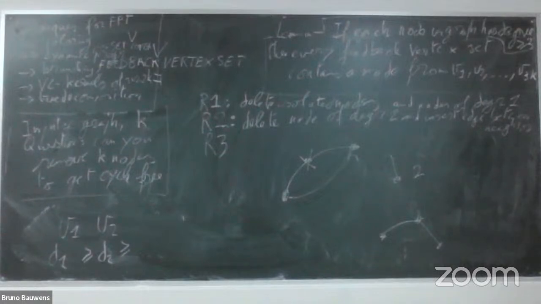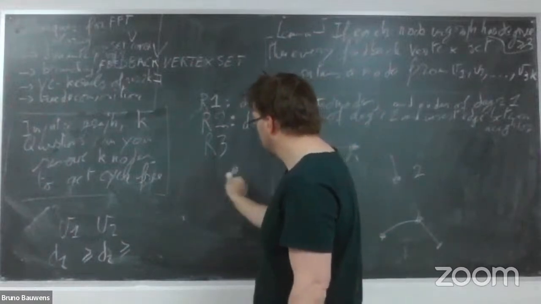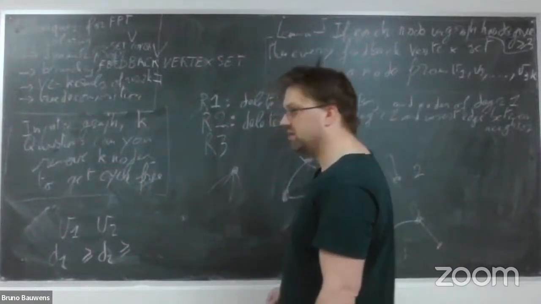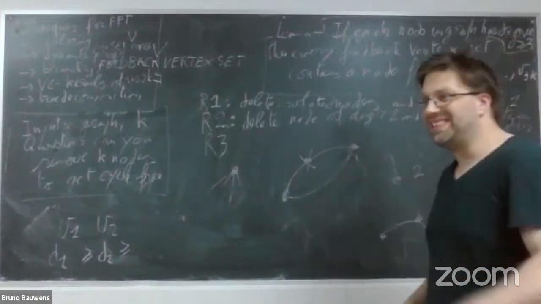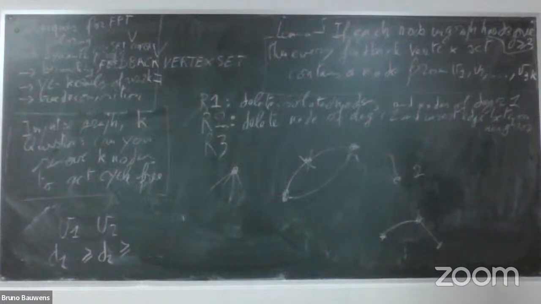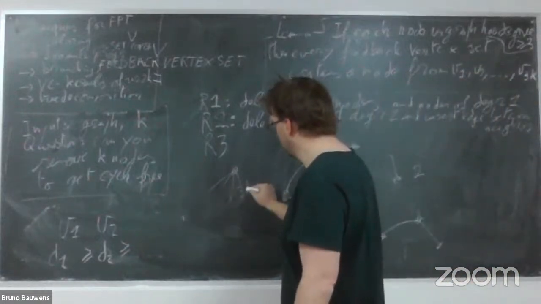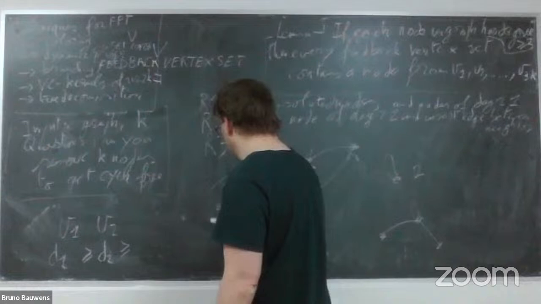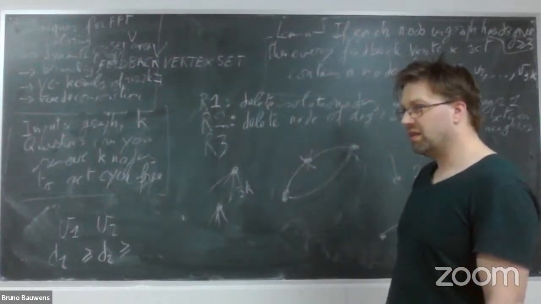3k factorial. We will have a branching, so there will be a tree. And in every node, how many branches? In the first node, we have 3k branches. And then in the next node, k minus 1 for each of the 3k nodes.